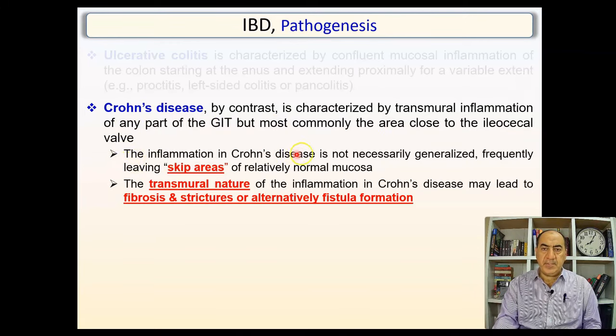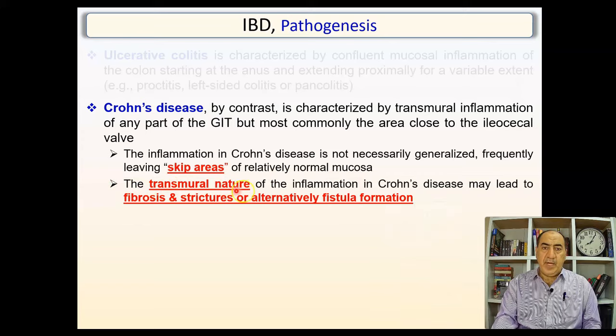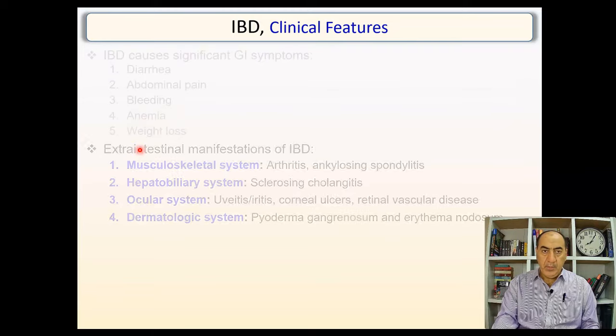The inflammation of Crohn's disease is not necessarily generalized, frequently leaving skip areas or skip lesions of relatively normal mucosa: normal mucosa, inflammation, normal mucosa, inflammation. The transmural nature of the inflammation may lead to fibrosis, strictures, or alternatively fistula. It causes significant GI symptoms: diarrhea, abdominal pain, bleeding, anemia, and weight loss.